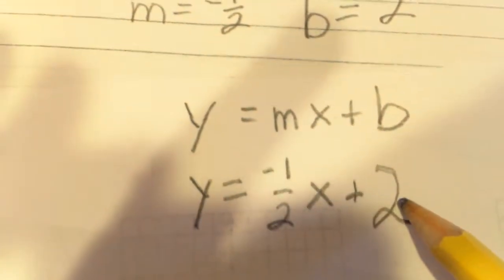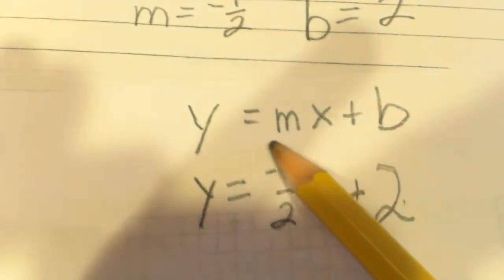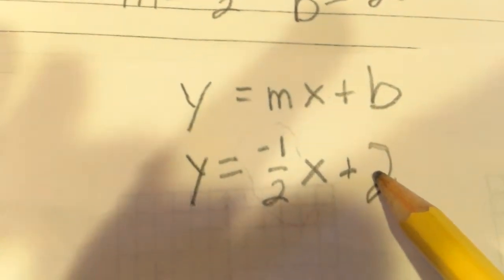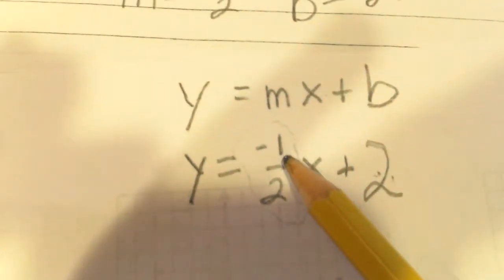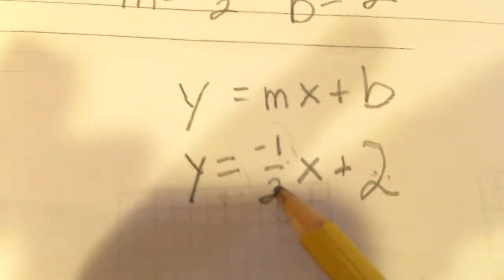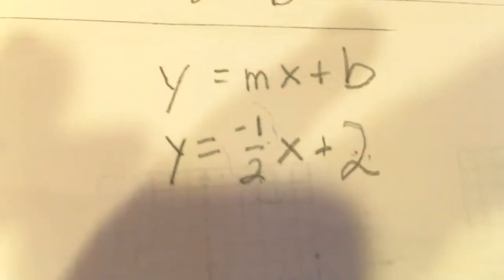There's the equation of the line that has a slope of negative 1/2 and a y-intercept of 2, and if I wanted to graph that, I would begin at 2 on the y-axis, and I would go down 1 over 2, down 1 over 2.